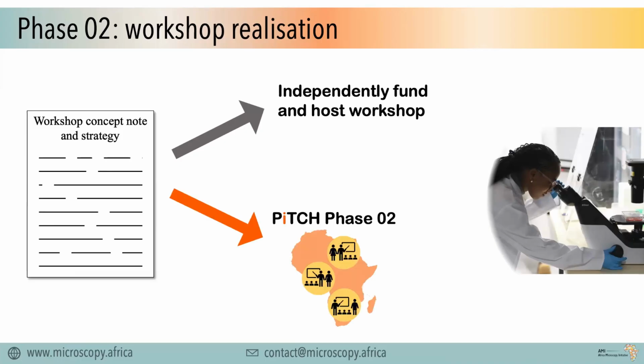Alternatively, AMI is going to work to secure funding as part of phase 2 of PiTCH, so that these workshops can be hosted in Africa, so that the global partner can travel to Africa, work hand in hand with the African partner in co-delivering the workshop on a local level within Africa.